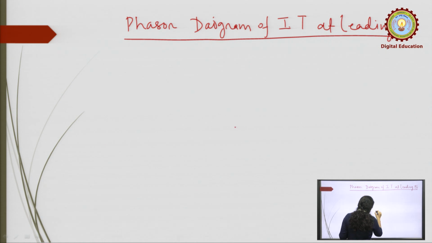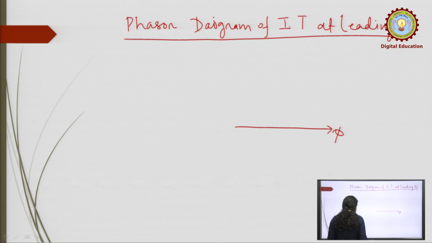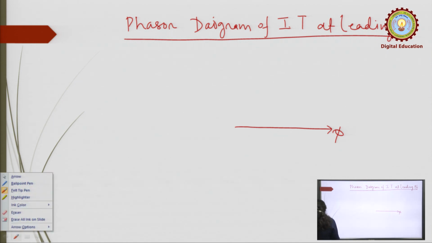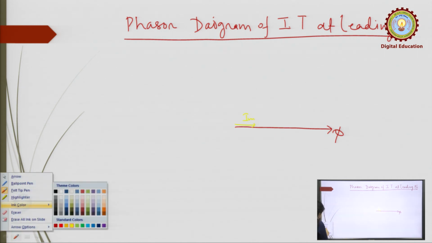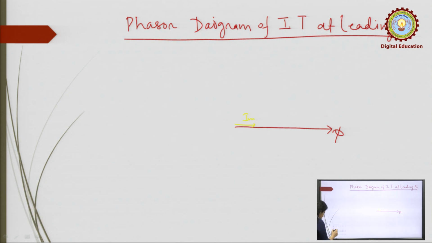So, similarly to the lagging case, you first draw the flux, and the current is very small, that is Im, the magnetizing current, which is in the same phase as the flux. Then you draw the E1 and E2, and E2 must be equal to V2 in case of an ideal transformer.